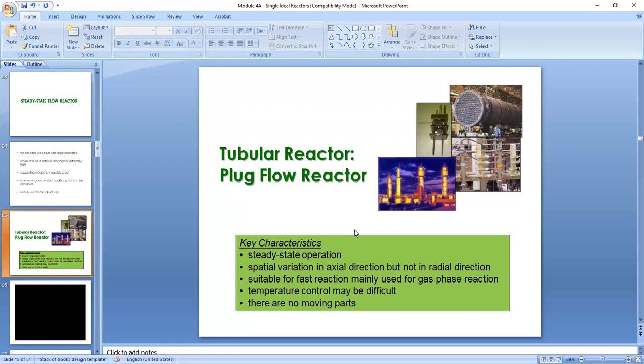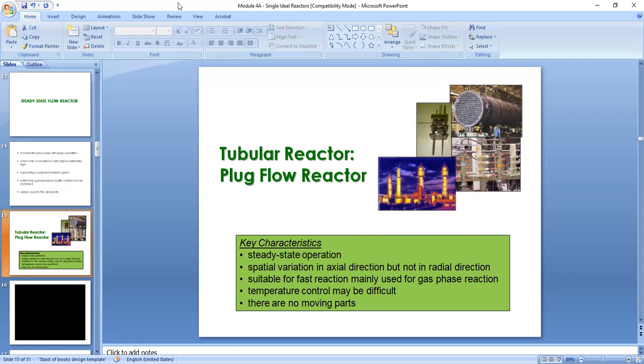We see a change in concentration because there is conversion of your reactant as it progresses along the tubular reactor, along the path of the tube. However, there is no variation in concentration in terms of the radius.